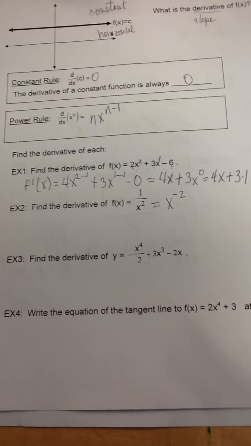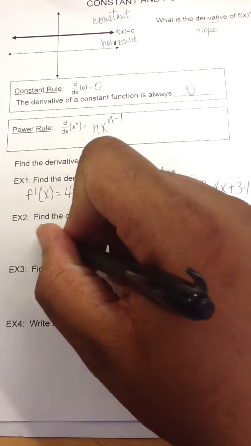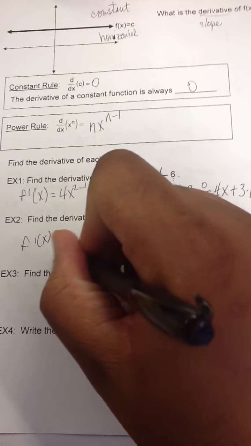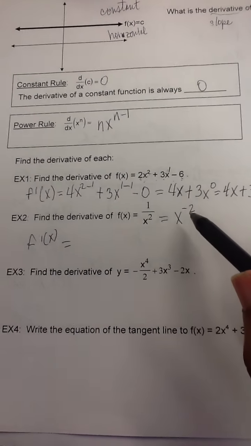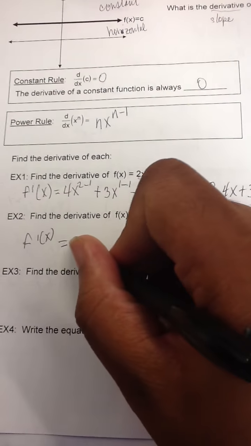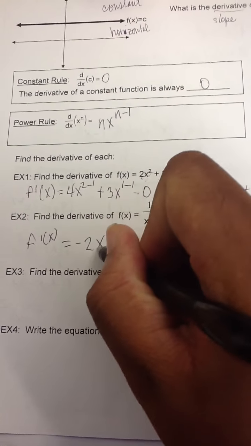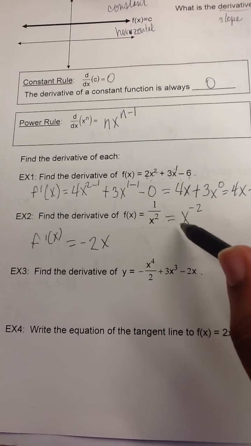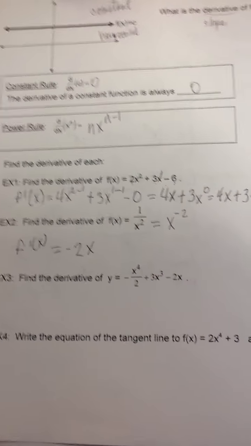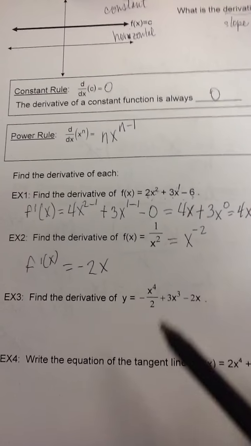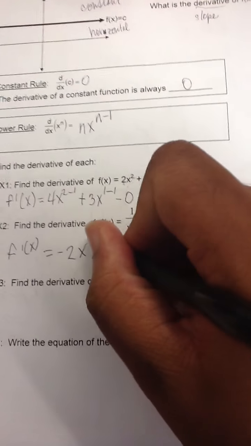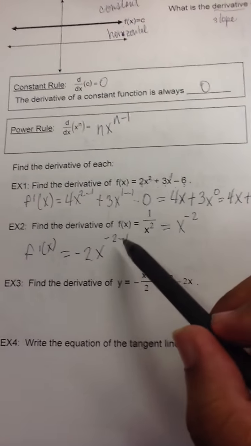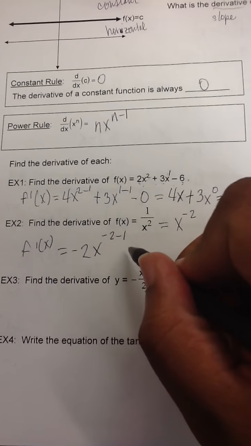So now I'm able to do my rule, f prime of x is going to be equal to, I'm supposed to take my exponent and bring it to the front. So there's going to be a negative 2 being brought to the front of x. The understood number is 1. There's no shown number. So it's just negative 2 times the 1. And then I'm supposed to do the old exponent minus 1. Well, what's negative 2 minus 1?